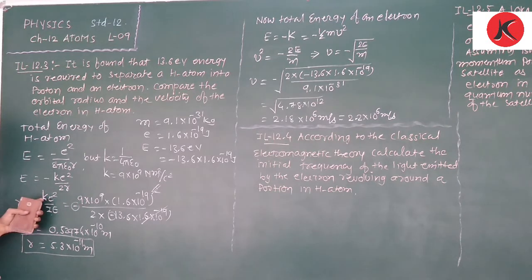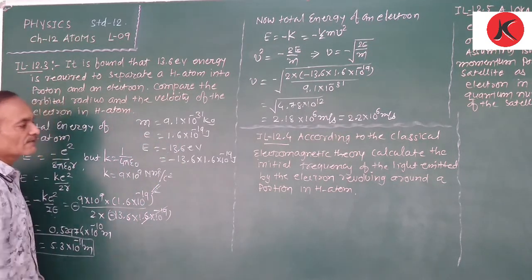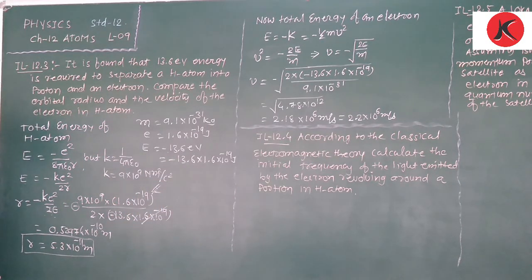Therefore, r is equal to minus K e square upon 2E. Let us substitute the value of K, Coulomb's constant 9 into 10 raised to 9, e the charge of an electron 1.6 into 10 raised to minus 19, and E is minus 13.6 electron volt, equal to minus 13.6 into 1.6 into 10 raised to minus 19. So, let us simplify the radius of the electron in the hydrogen atom. We obtain 5.3 into 10 raised to minus 11.